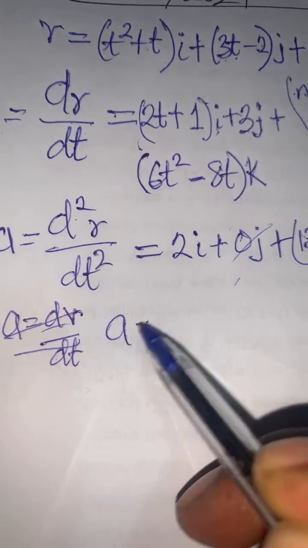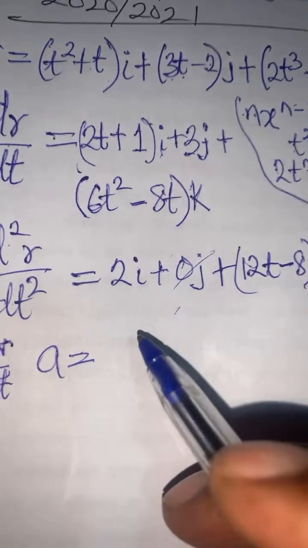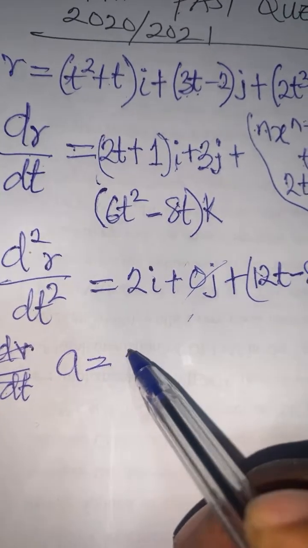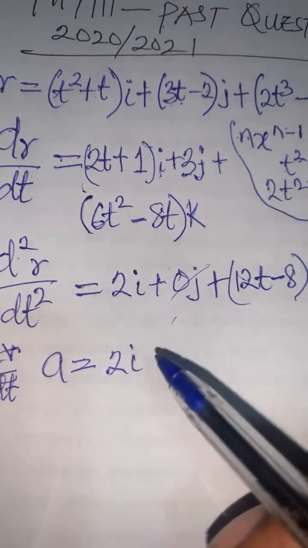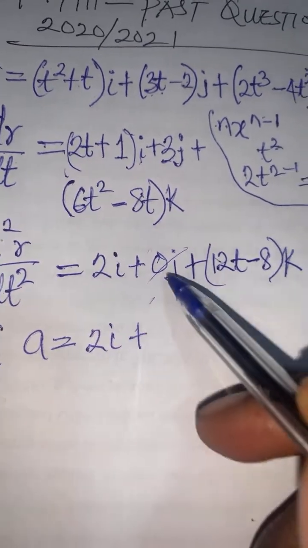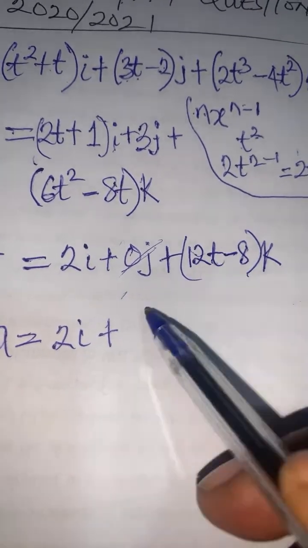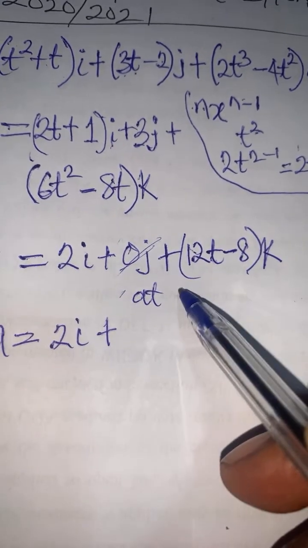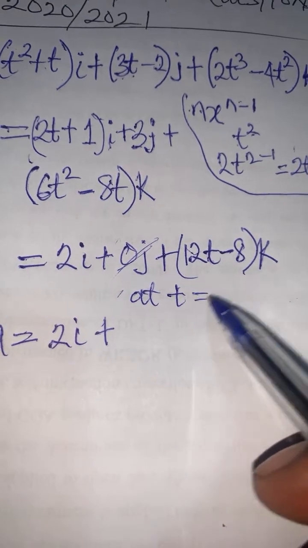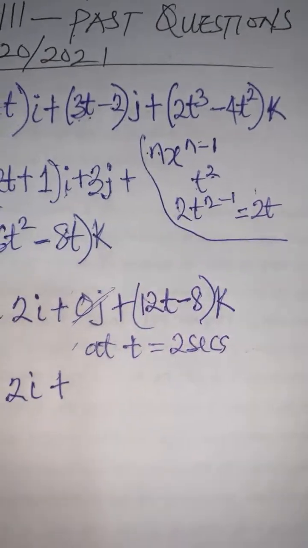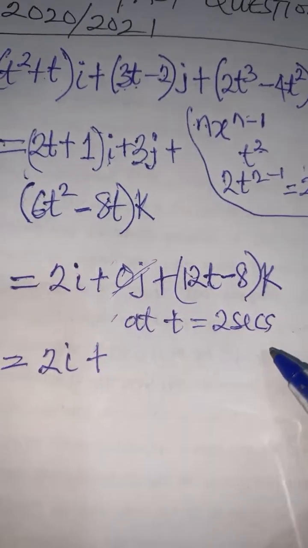We say that a will be equal to 2i plus, remember that we've crossed this one out. At t equal to 2 seconds, that's what we are asked to look for.